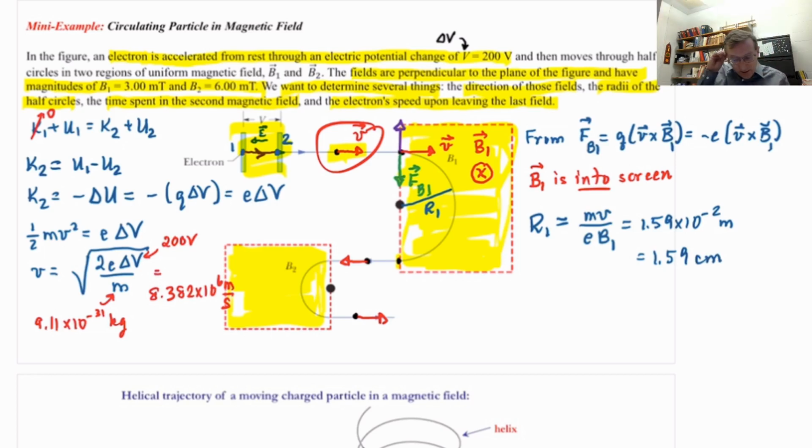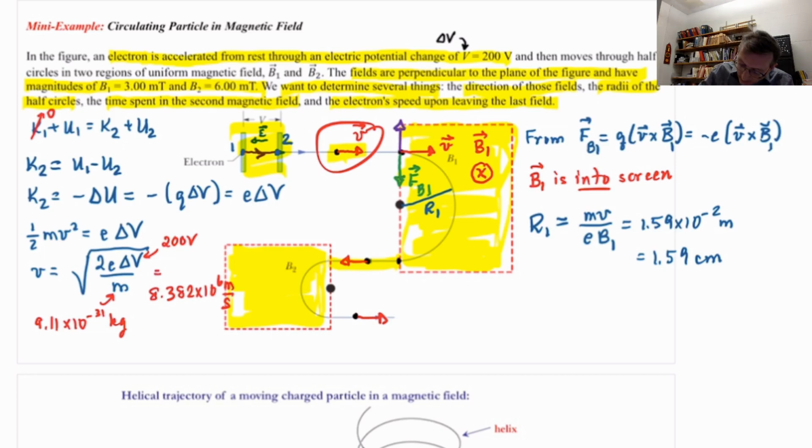Okay, then it goes out of region 1 after a half circle, goes in a straight line to the left at this constant speed, little v, and it enters region 2, where it circulates around counterclockwise in a half circle.